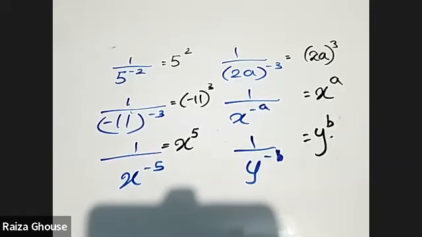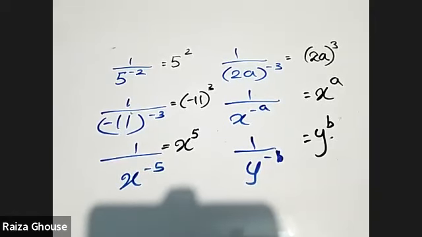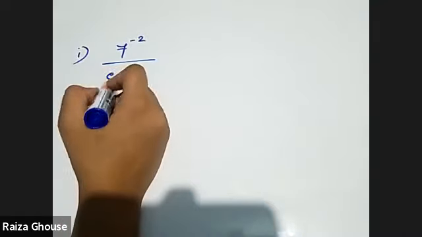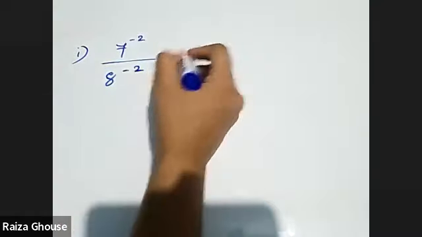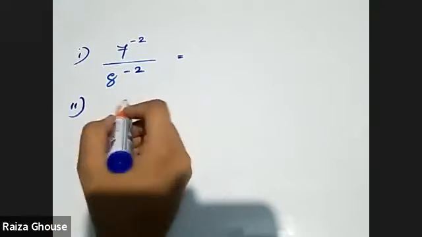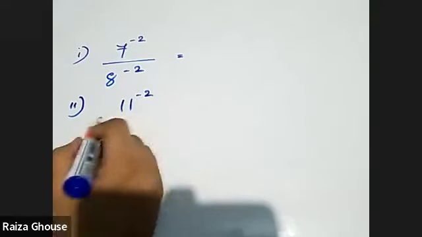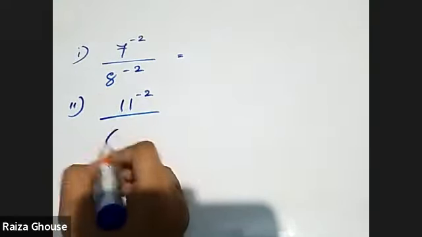Write down. Write the following in positive form. I'm going to give you certain fractions with powers. You have to write the final answer in positive form. It's a challenge question. So you have to use your brain and do it without my explanation. Final answer should be positive. You have to convert this fraction into a positive fraction.